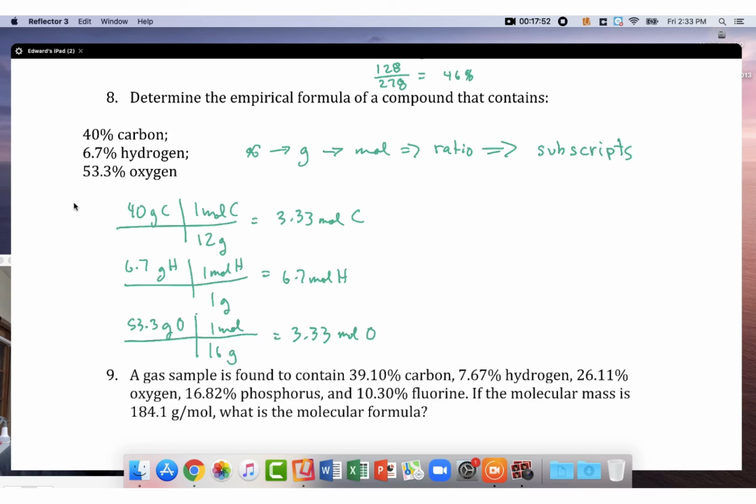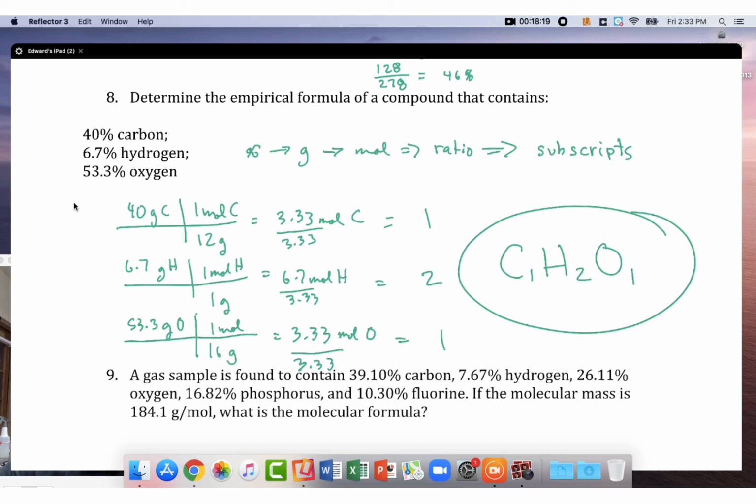It doesn't matter which of those two we're going to pick because they're the same, but pick the smallest number and divide them all by that smallest number. And I don't need a calculator to know that's a 1, and that's a 2, and that's a 1. Formula, C1H2O1.